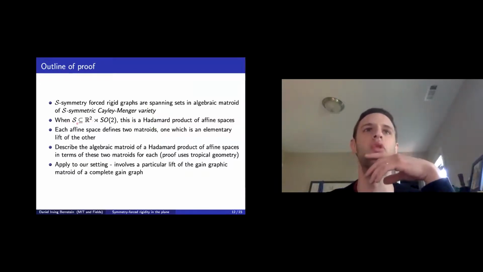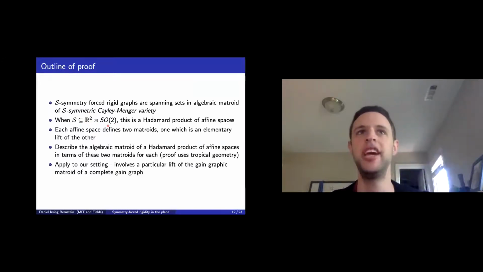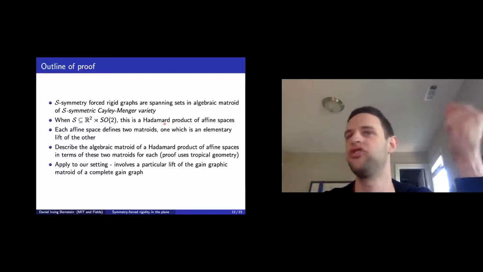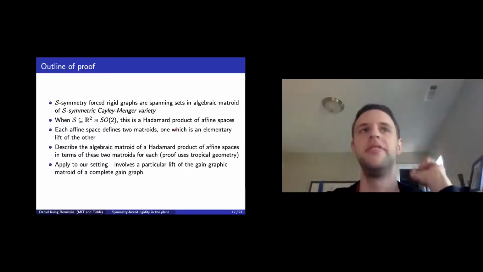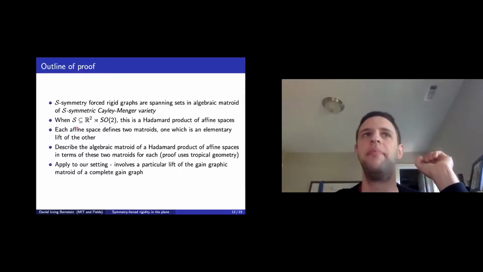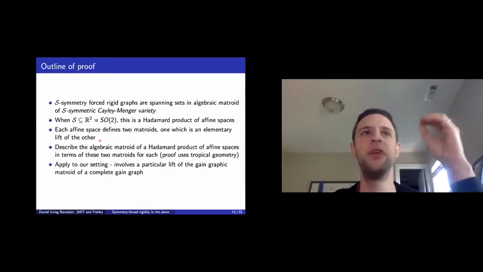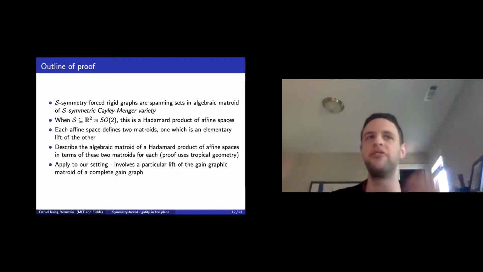When the group of isometries is orientation preserving, this is something called a Hadamard product of affine spaces. A Hadamard product is just a really simple way of taking two varieties and turning them into a new one. I will explain that too. And this allows you to use a lot of matroid theory to understand what's going on.